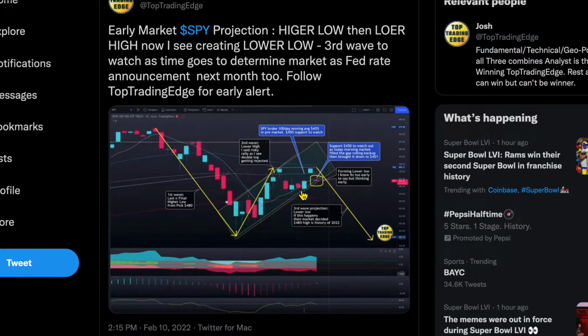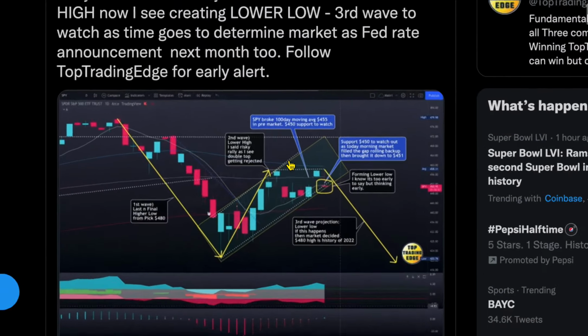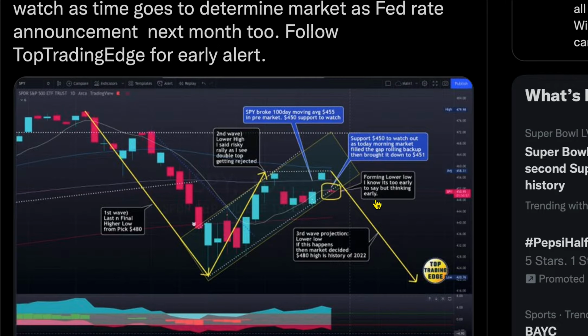I said it's supposed to break, and then it did not break, it went up, and look what happened. At 458 it broke the 100-day moving average, went up, touched here, and then it came back and broke here. So this is the 10th one. But I did mention here, look at what I'm writing, because remember, this is going diagonally, so price always goes upward, forming a lower low.